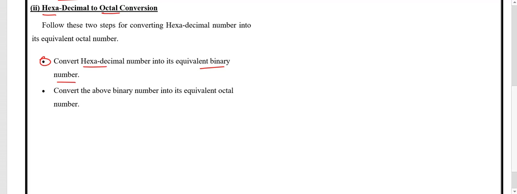First, we will convert the given hexadecimal number into binary, and then that binary number is converted into its equivalent octal number.